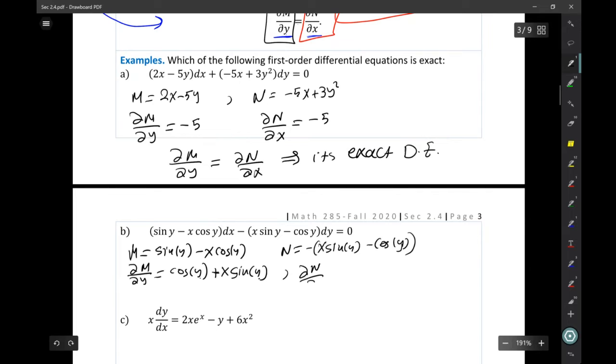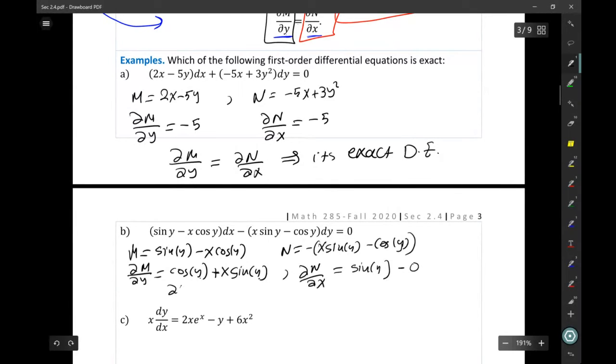But dN by dx is equal to, x is a times sine y. Sine y becomes now a constant with respect to x. So that means sine y minus, what's the derivative of cosine y with respect to x? 0.